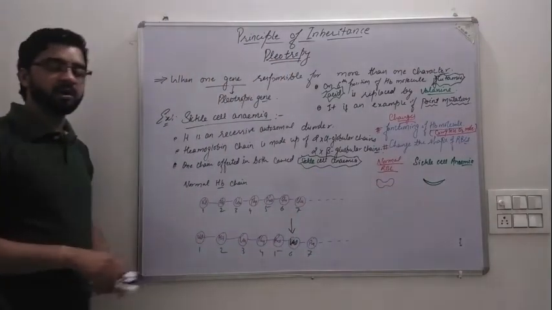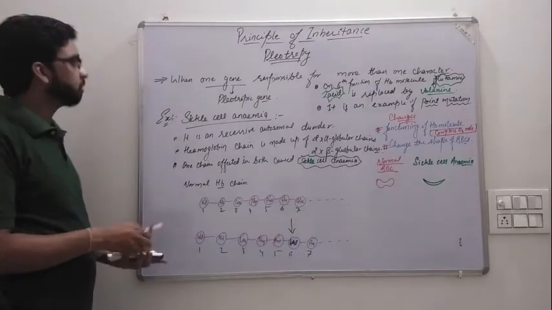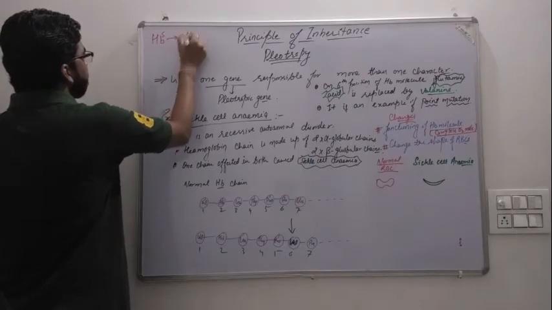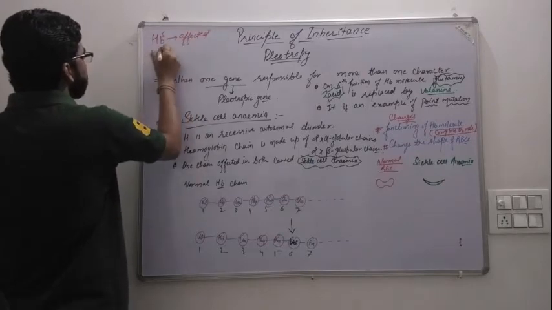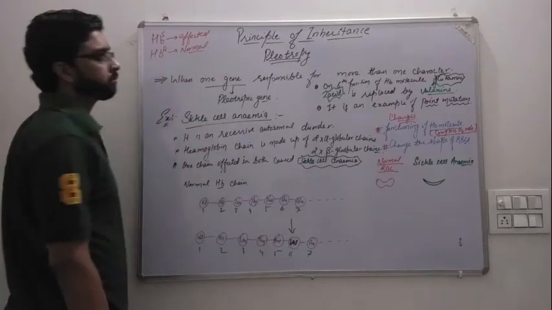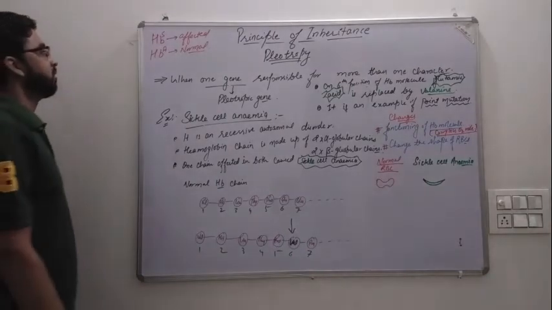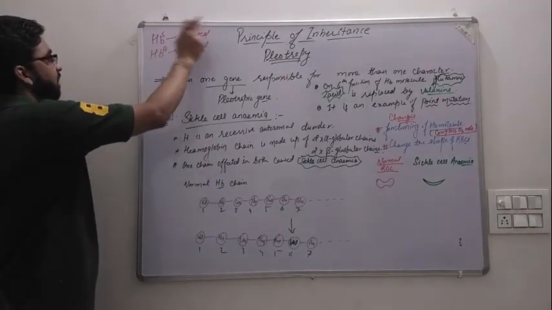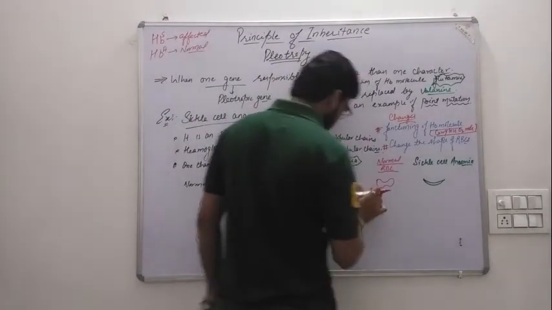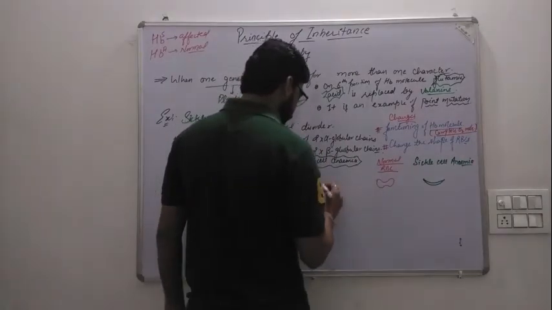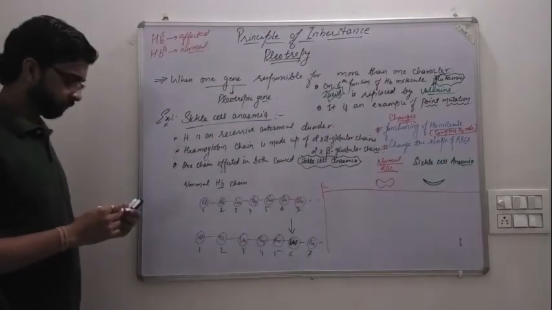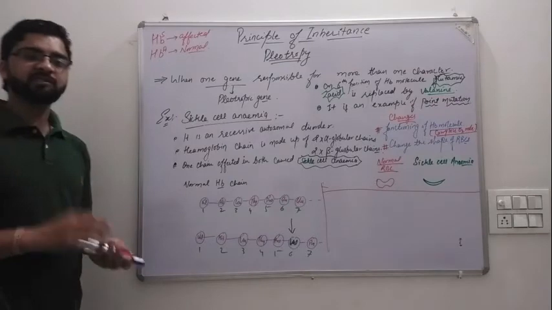If we denote hemoglobin S as affected and hemoglobin A as normal, then what is happening here? We have three kinds of sets.